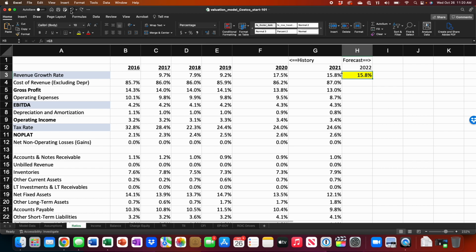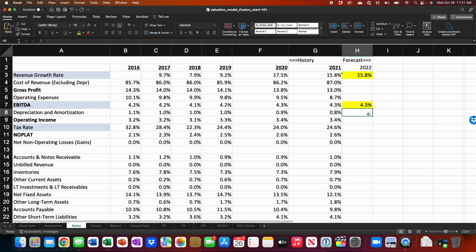Now, if you work for Goldman Sachs and your clients are going to care about the cost of goods sold and the SG&A, you would have to forecast those individually to get to your EBITDA, right? But for our purposes, we're just going to forecast EBITDA directly this semester, okay? So to save time, go to EBITDA, which is cell H7, equals the previous year, equals G7, and make that yellow.